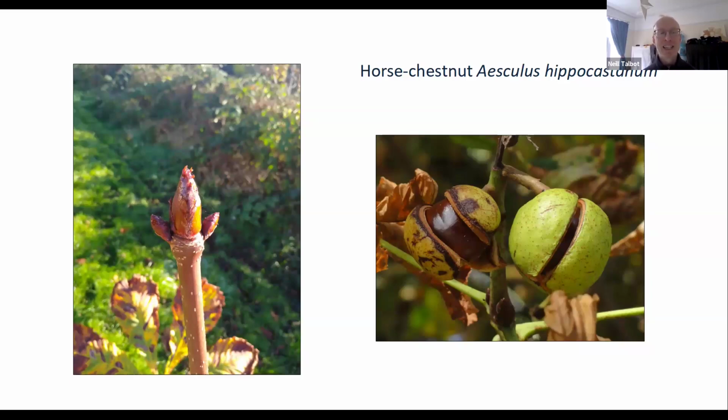When they first come out, they are extremely sticky, so they're really noticeable. And obviously, you've got the fruits, which are the conkers. I think that's one that a lot of people would find relatively easy to identify.